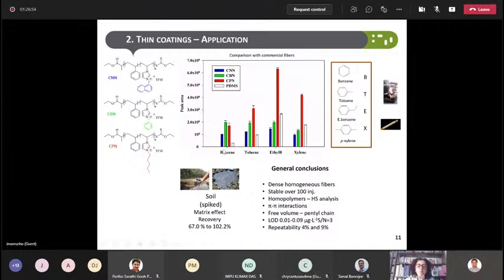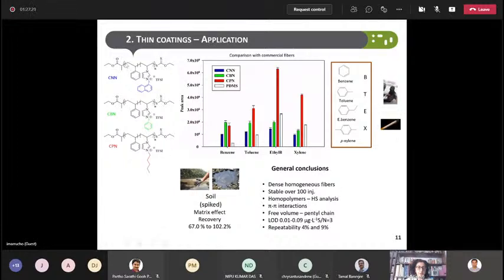And so again, we did more than 100 injections. And we think that this high detection limit is due to the many aromatic groups that we have introduced inside of our polymers.